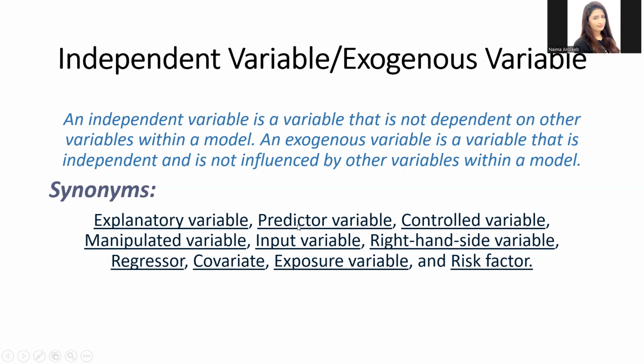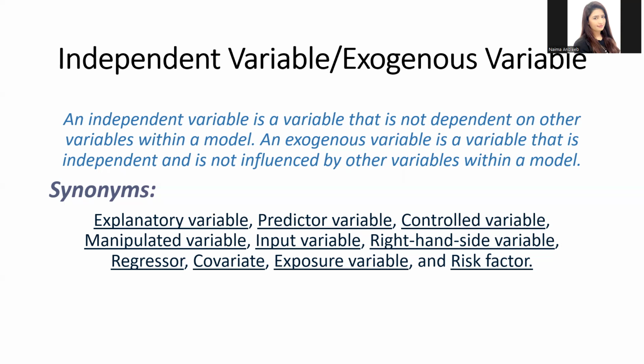Explanatory variable, predictor variable, controlled variable, manipulated variable, input variable, right-hand side variable, regressor, covariate, exposure variable, and risk factor. Any of these names, if you see them in your model or research, such as a control variable, you can respond that it is an independent variable.